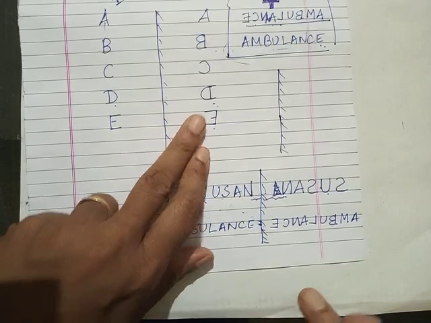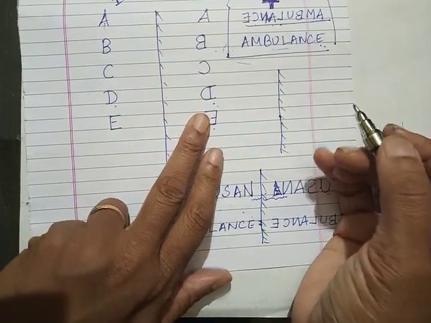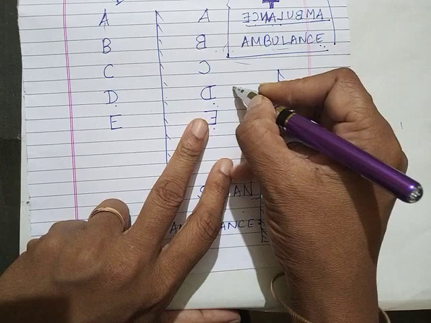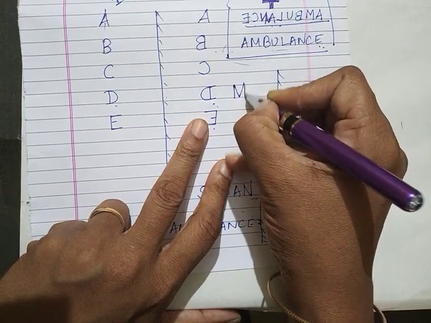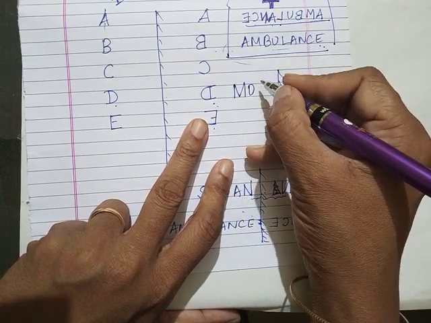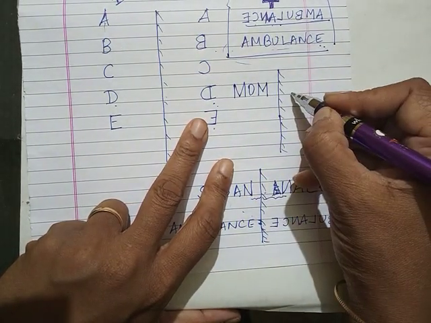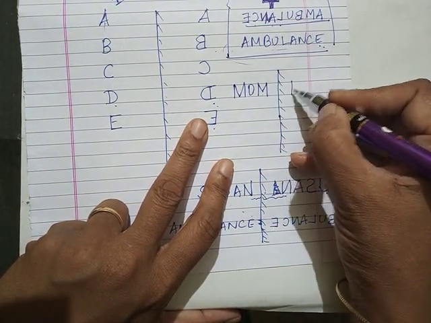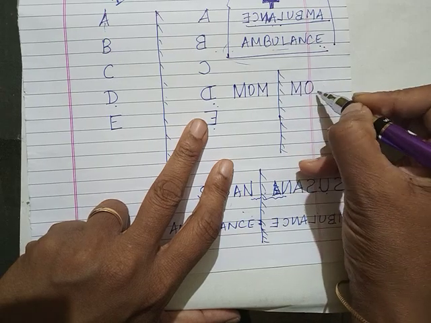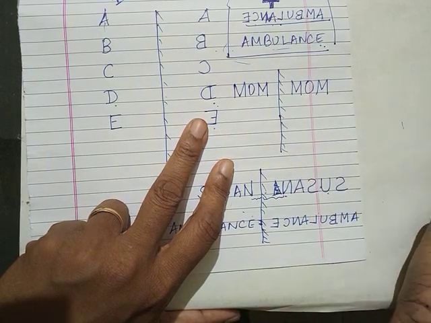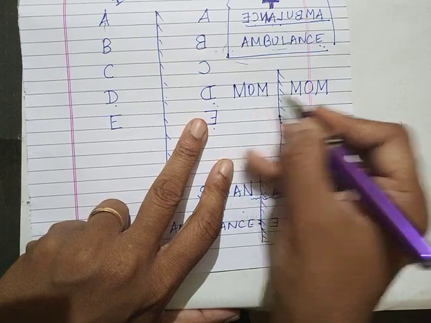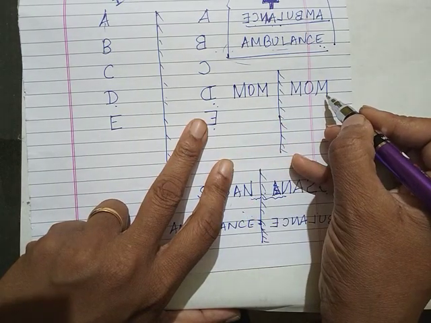But there are certain words whose mirror image will be the same as the object. For example, take words like mom. The mirror image of this will be, so this M will come first, O, M. So object is also mom, mirror image is also mom.